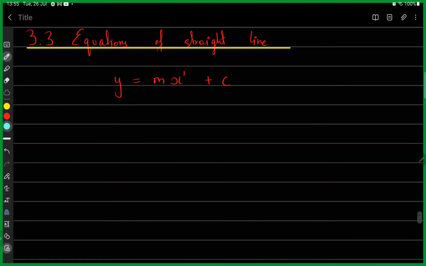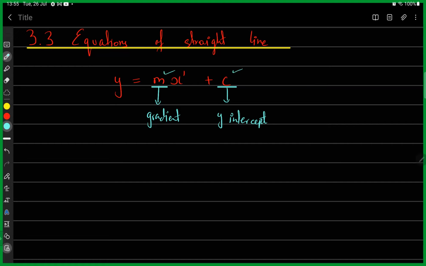The important part is that m is the gradient of the line, and c is the y-intercept. Okay, this is what we need to remember. Again, this is the slope-intercept form because this is the slope, this is the intercept.